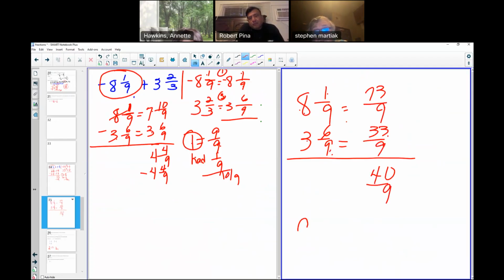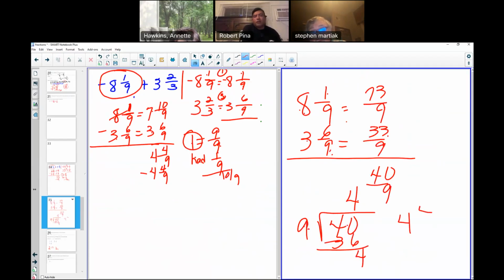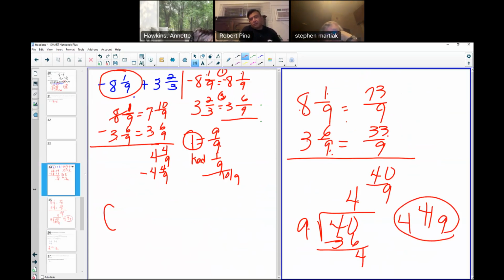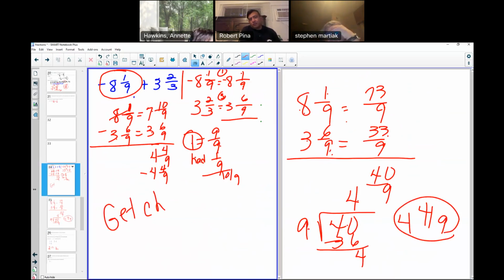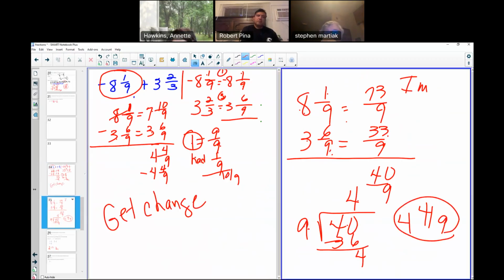And then you're going to have to change this. 9 going into 40, 4 times 9 is 36, and you have 4 left over. So you get 4 4/9. So it's your choice. This is what I call the change method, where you get change here, or you use improper fractions.